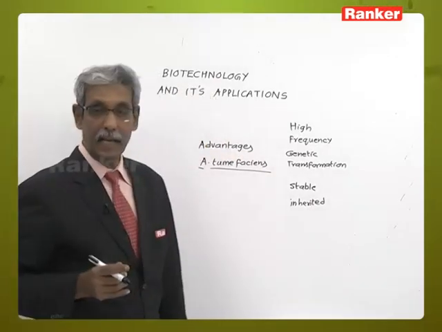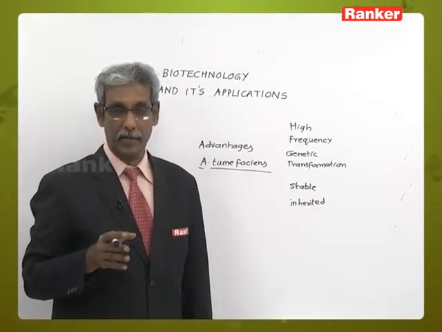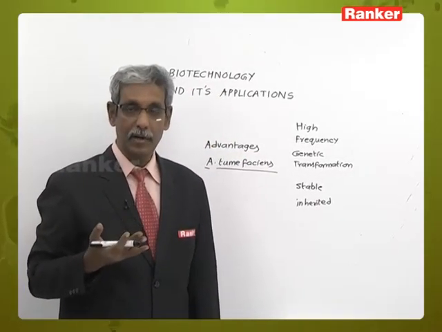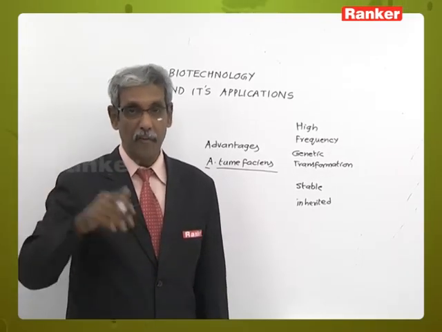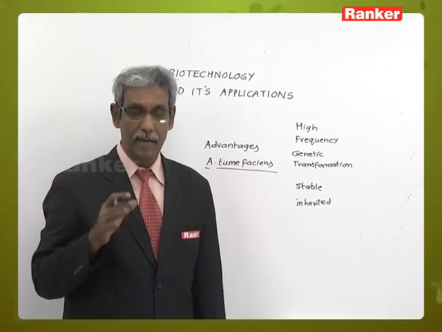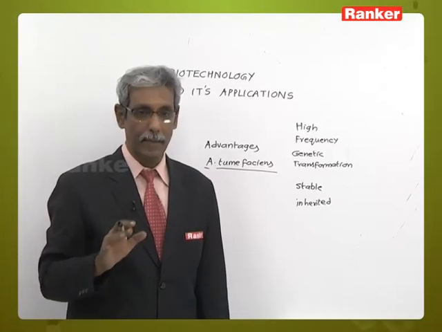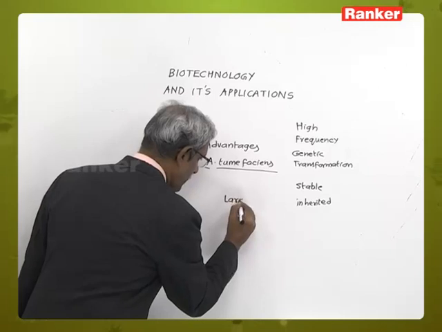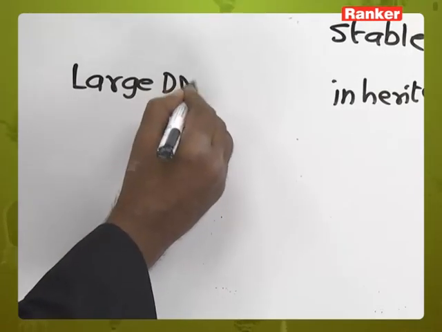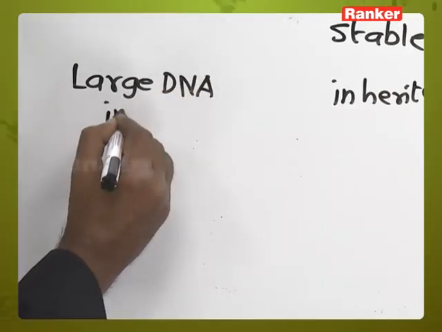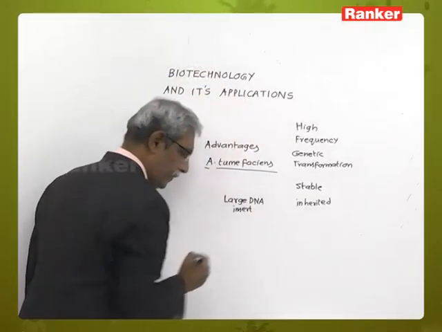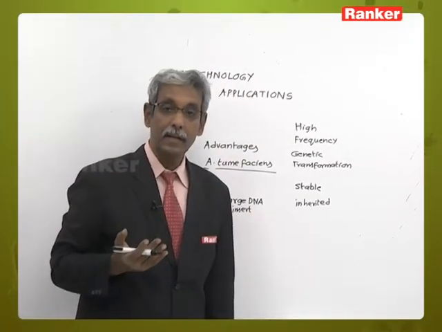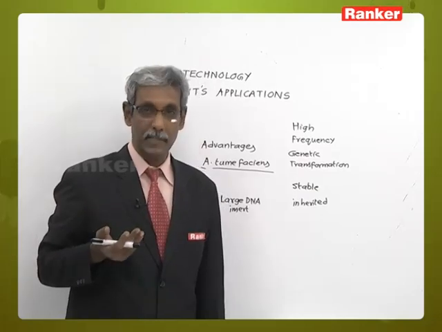Now, stability in the case of plant biotechnology is very important, because the cells should not suffer the shock of taking a foreign gene. The cells are very much stable and they show normal metabolism. And another very important point is Agrobacterium tumefaciens can always take a large DNA insert. It is just like a vehicle which carries a lot of passengers.